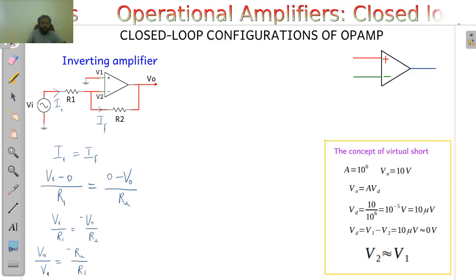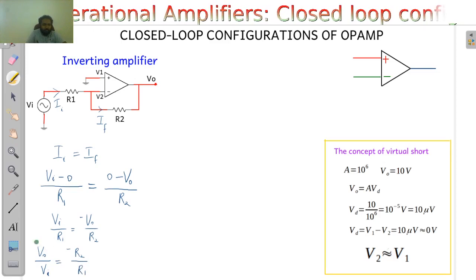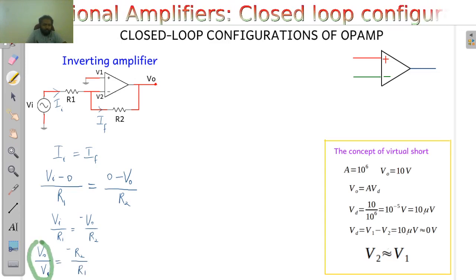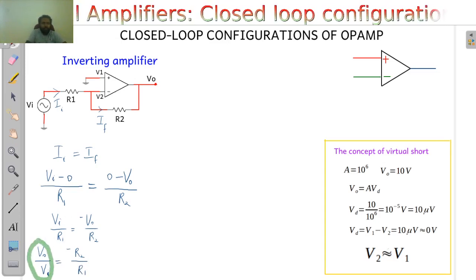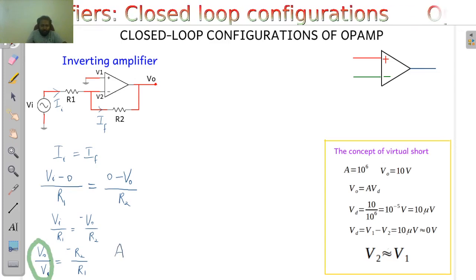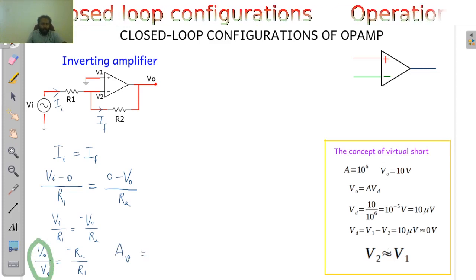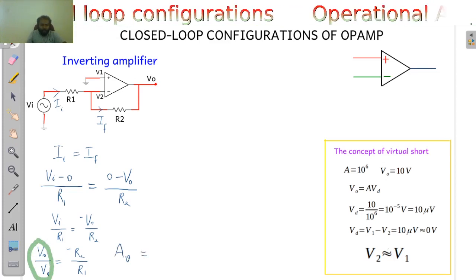Okay. And this ratio, that is called gain. So that is the voltage gain of the amplifier when it is in a closed loop condition.